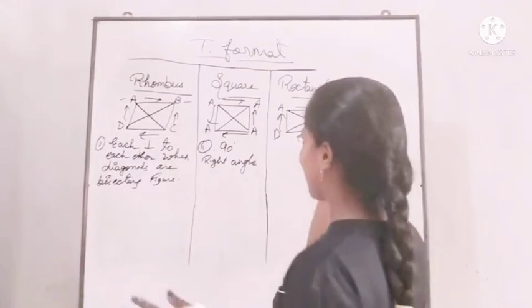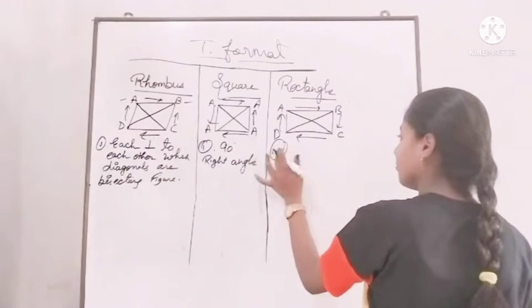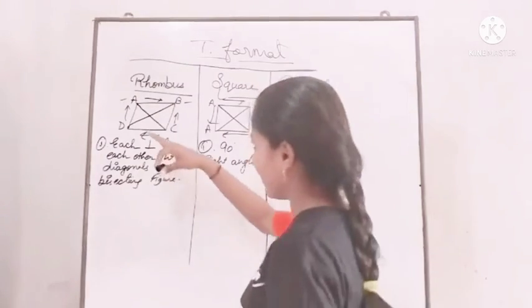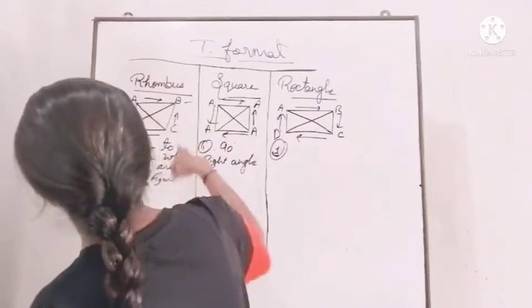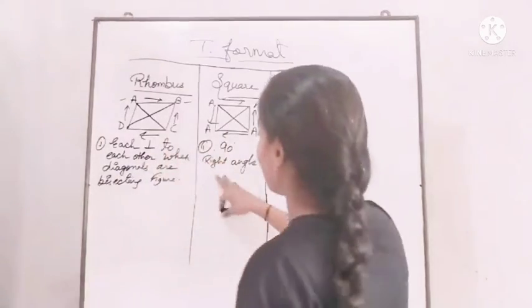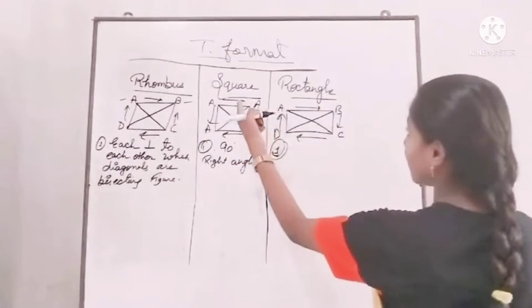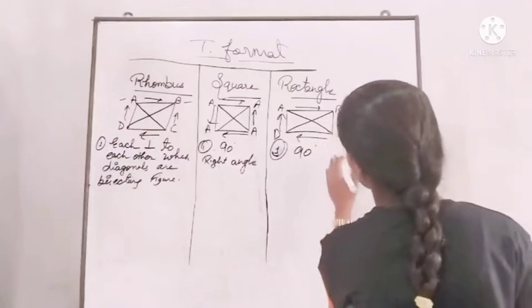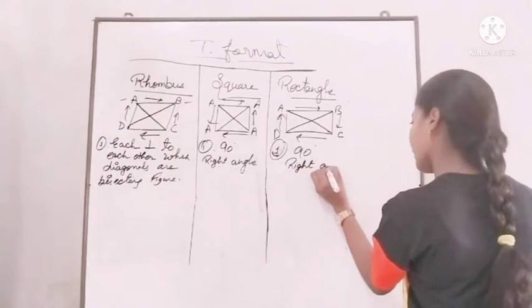Now let's see what happens in the rectangle after it is divided by the diagonals. We have seen what happens in the rhombus, where the diagonals bisect each other at 90 degrees, and here it happens the same as in the square: it also bisects the rectangle at a right angle.